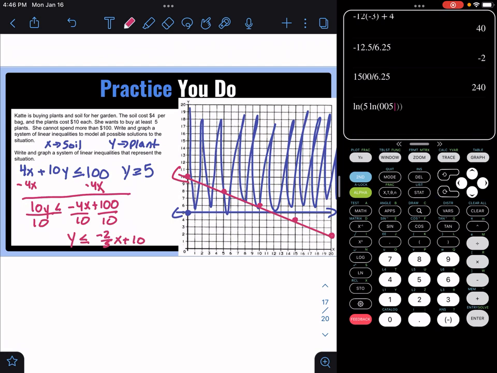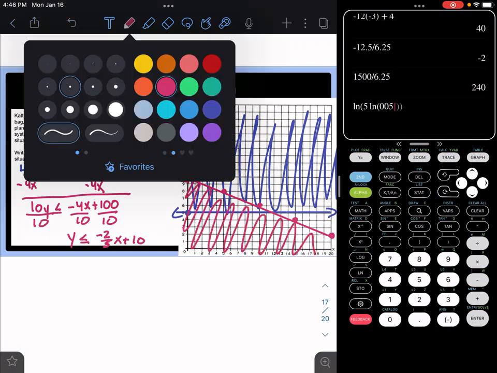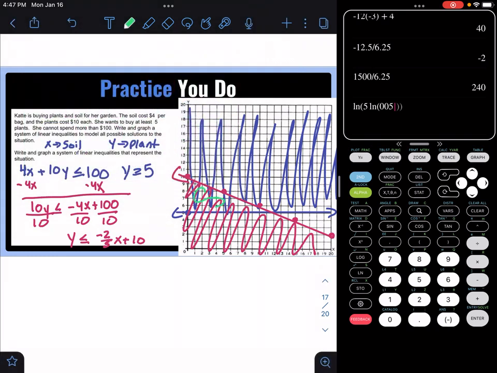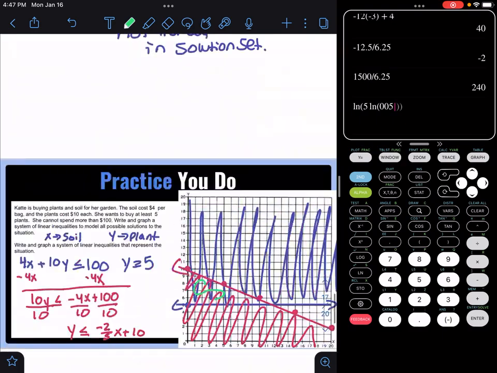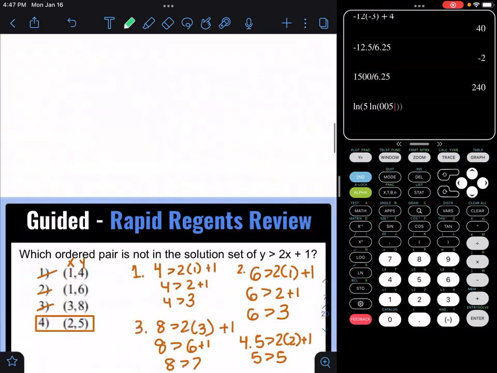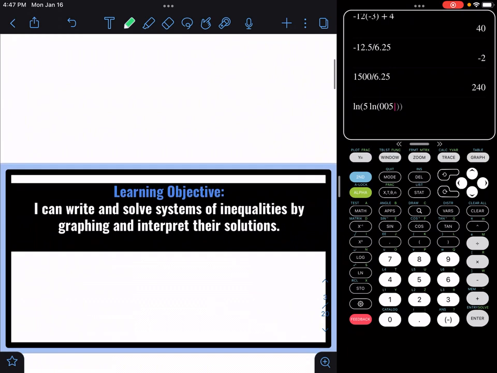All right, and it's less than, so I'm going to shade below. And this would be my solution set right here, the shaded in section. Alrighty, and that wraps up our lesson on graphing linear inequalities.